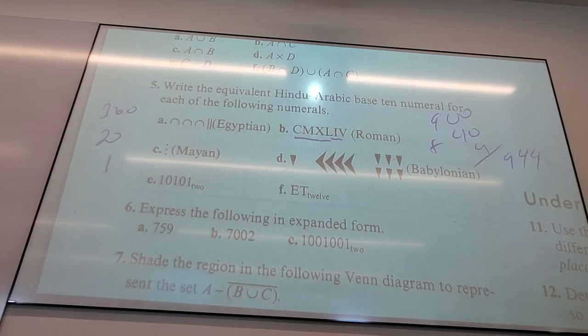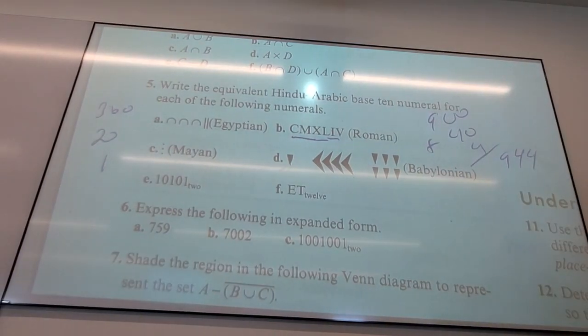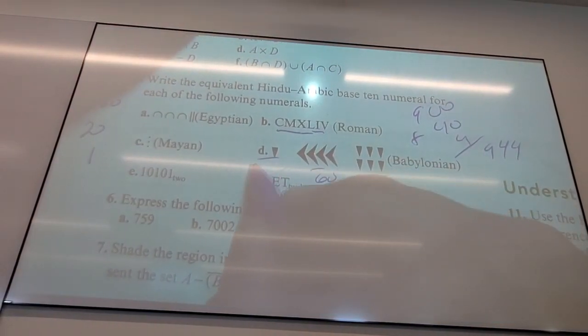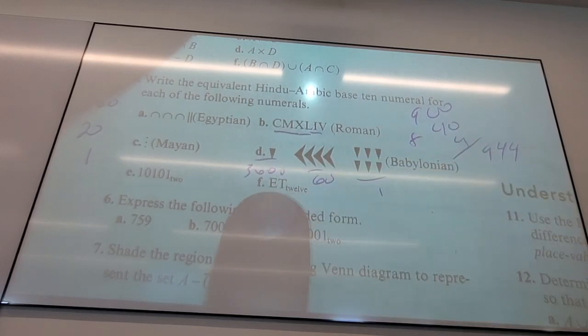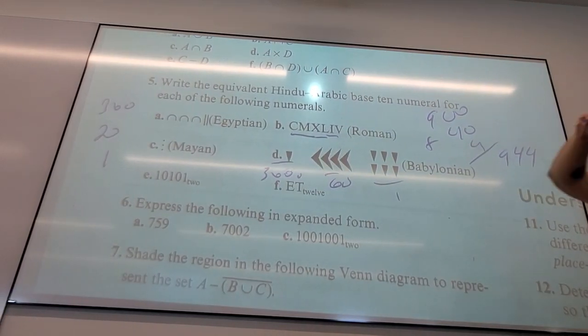What about part D? How many places are there? There looks to be 3. And Babylonians, hit me with it. 1, 60 and 3600. And what does this little Pac-Man symbol mean? 10.